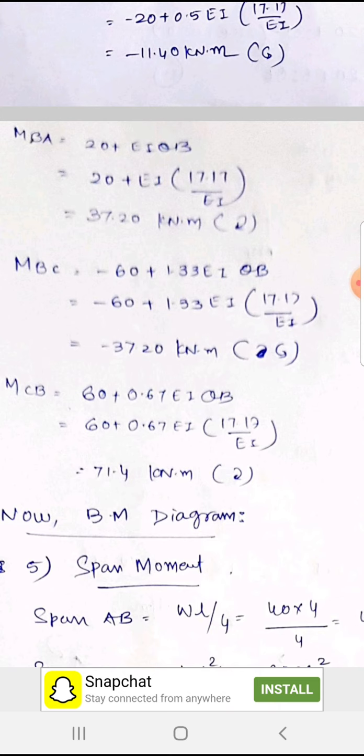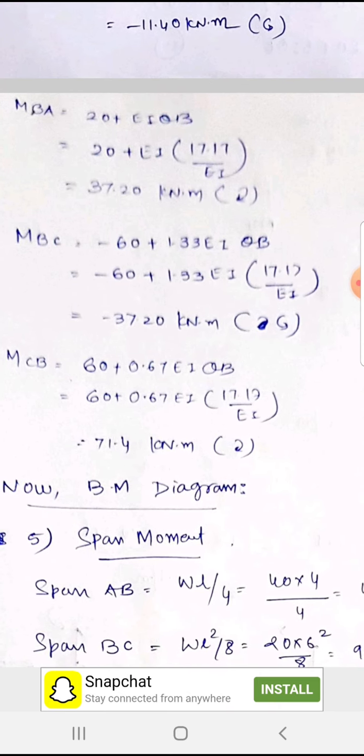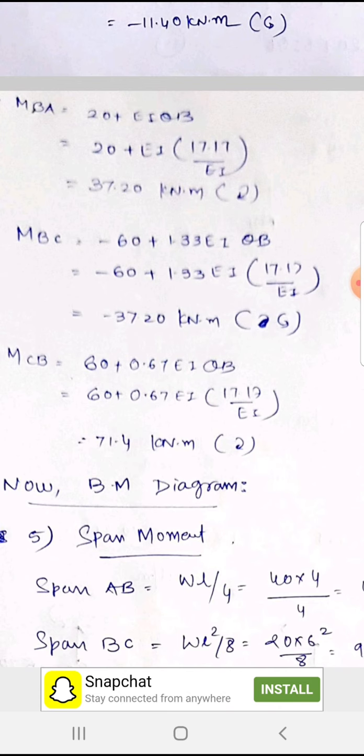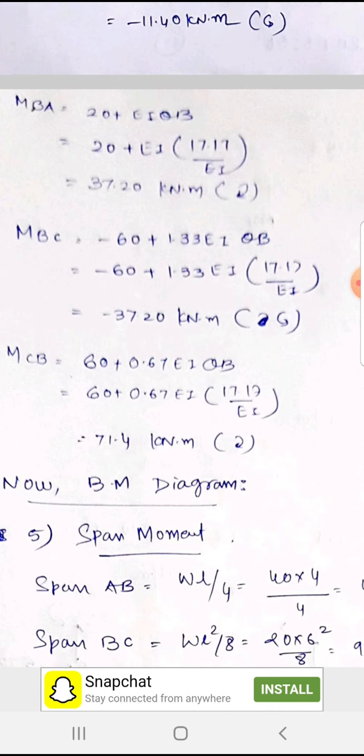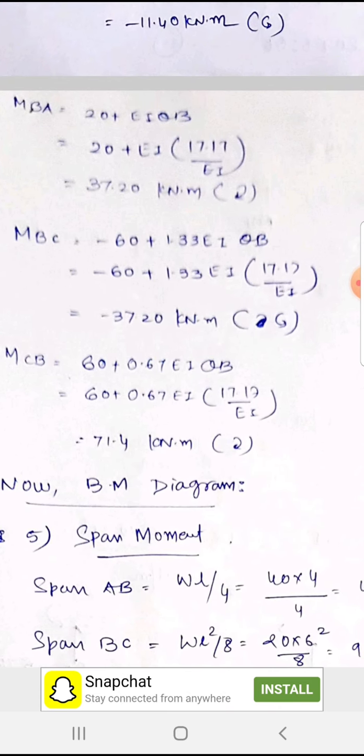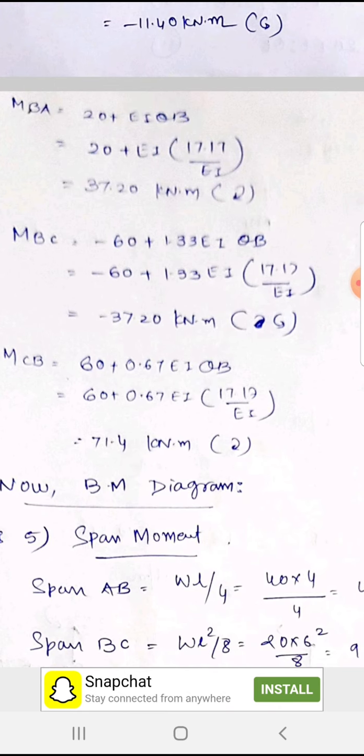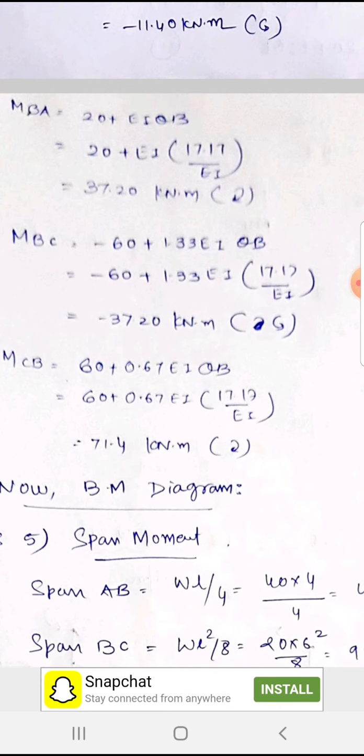Friends, here these two values, moment from B to A and moment from B to C, both have the same value, which means the rotation theta B we get from the equation, and after putting that in, the moment at a single joint is the same.